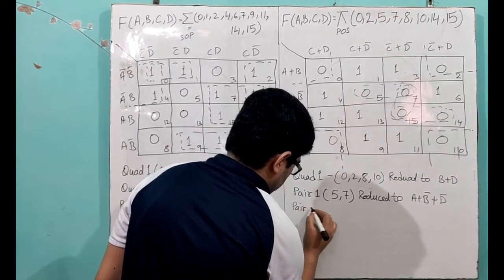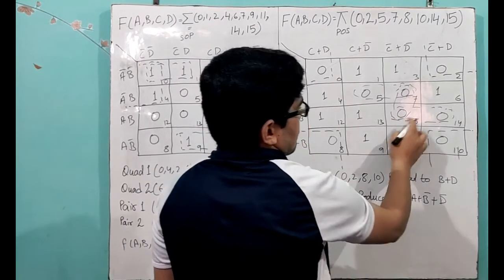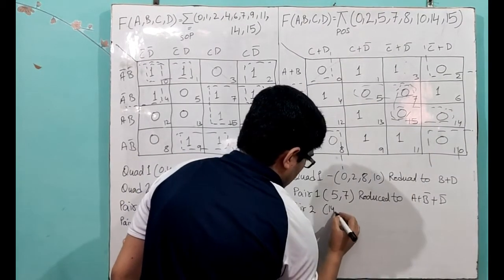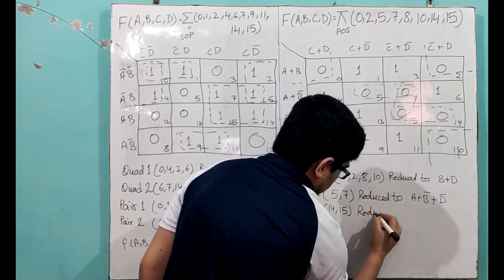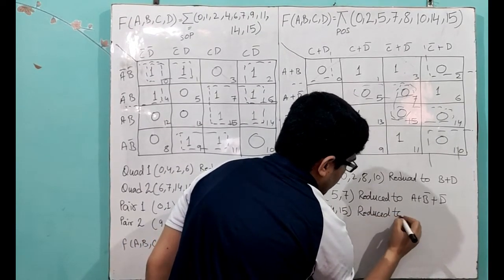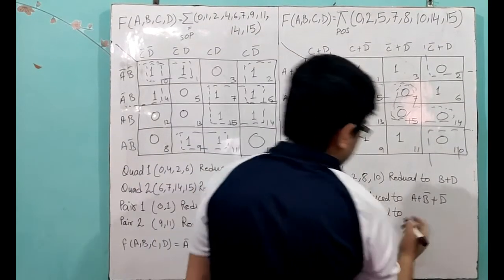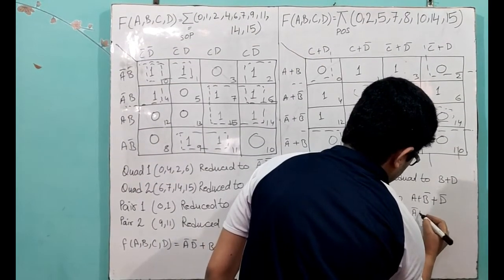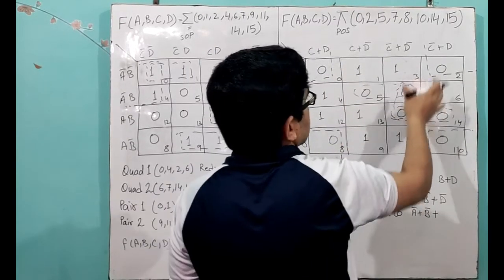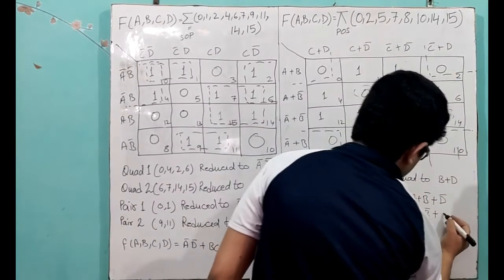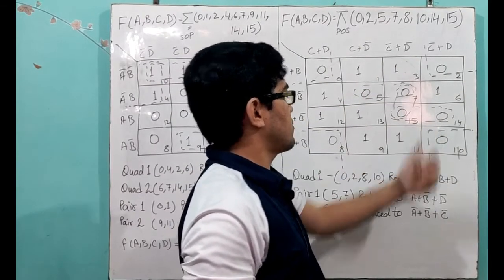Pair 2: 14, 15. Reduced to. Now check A bar, B bar, plus C bar. C bar is not changing for these 2 elements.